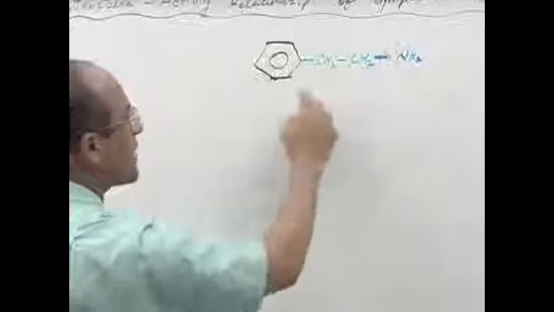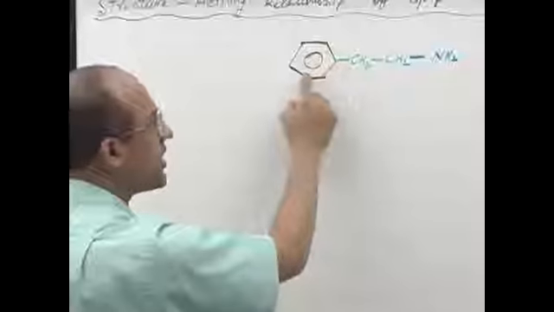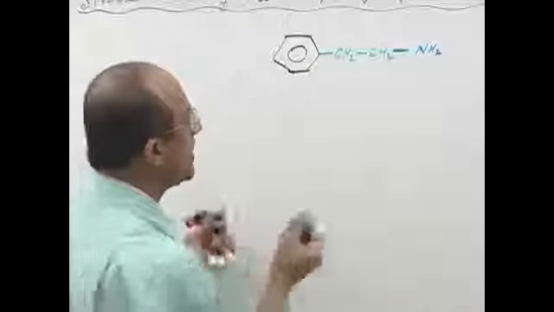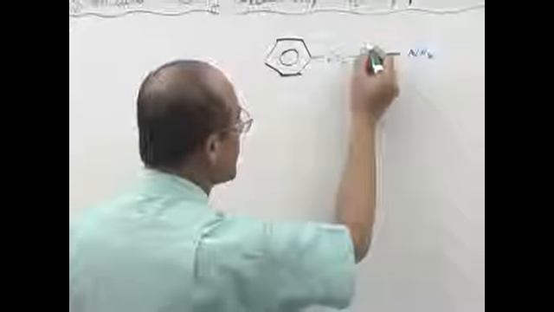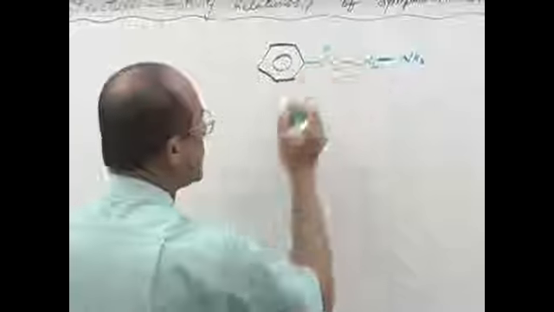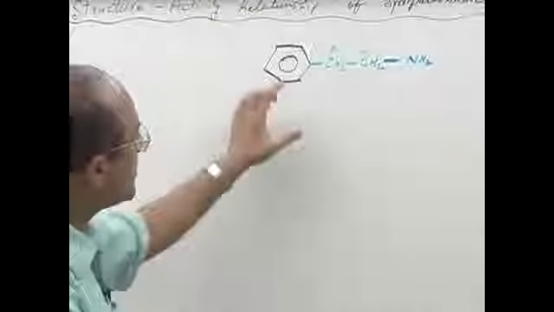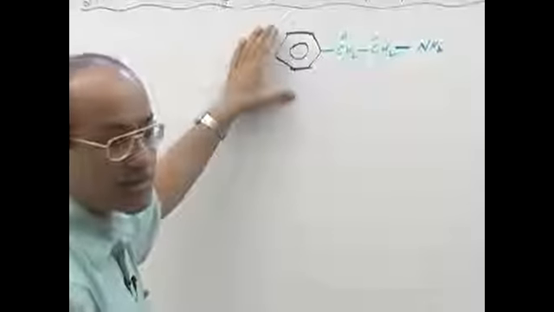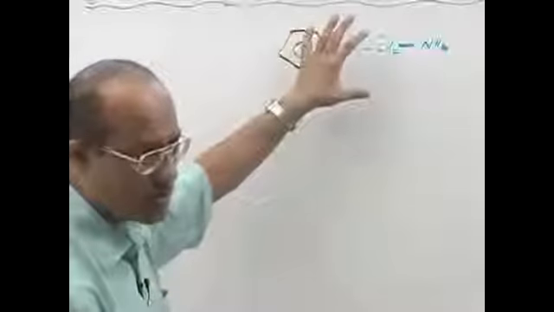This benzene ring is also called the phenyl ring. And I must tell you, this carbon is called the alpha carbon and this carbon is called the beta carbon. So this is the parent compound from which the sympathomimetic drugs are derived.